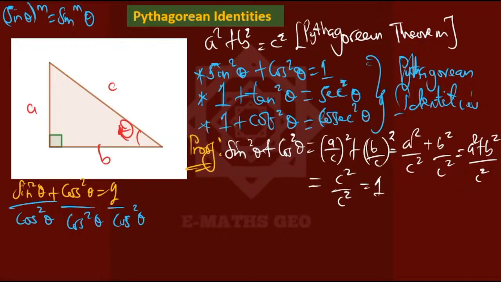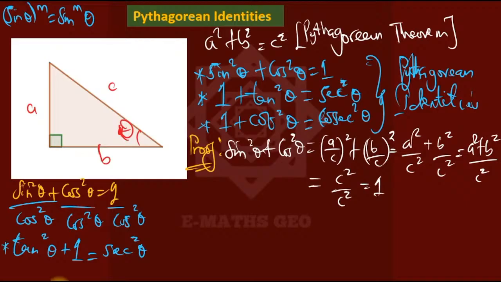What do you observe? Sine squared over cos squared is tan squared, because the square is common in both. You can factor it: sine over cos is tan. So we have 1 plus tan squared is sec squared, because 1 over cos is sec. So we've proved the second one.